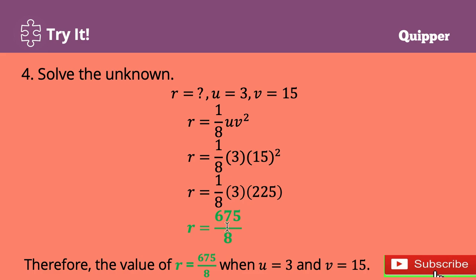And then since 675 over 8 is already in lowest term, therefore the value of r is equal to 675 over 8 when the values of u and v are 3 and 15 respectively.